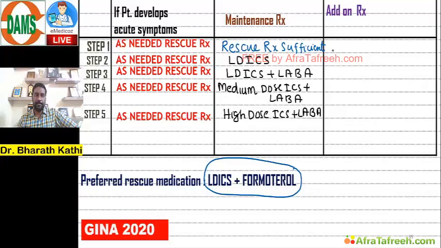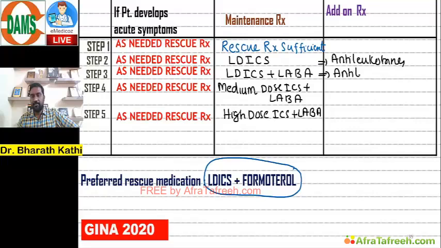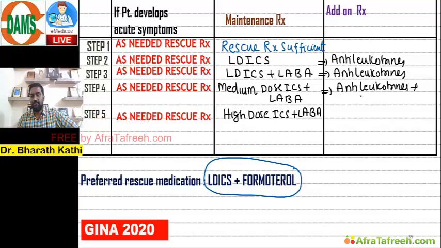And add-on therapy, so step 2, we can add anti-leukotrienes. So step 3 also, we can give anti-leukotrienes such as montelukast. Whereas step 4, add-on therapy, anti-leukotrienes plus tiotropium.